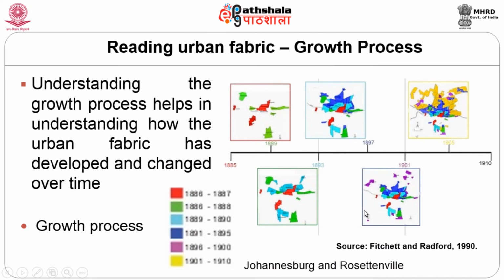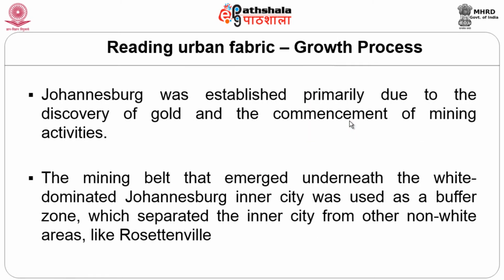Now, if you look into the previous slide, the center of the city is Johannesburg, and the suburban areas on the periphery of the city is Roosterville. What happened in Johannesburg was that it started with the discovery of a lot of gold and mining activities, and eventually when people got to know, people migrated from other areas and started moving into the city, and the belt that was underneath stood out as a buffer zone between the white people and the other people who started migrating to the city.